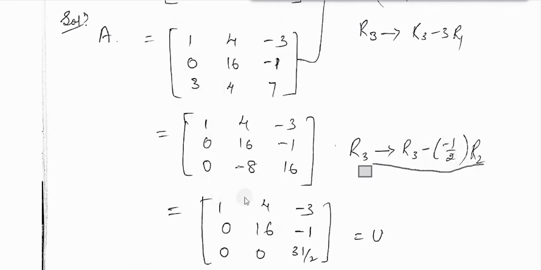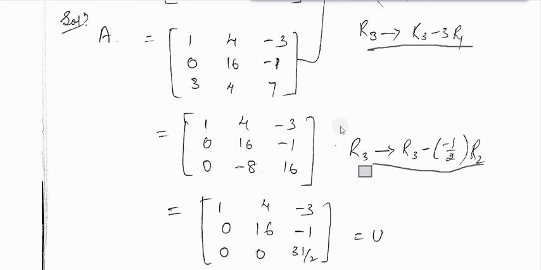By saying the elements, you can consider the scalar. Which scalar do you have to consider to multiply? Since it is 3 and it is 1, the transformation I have to consider is R3 minus 3 times R1. R3 minus 3 times R1.